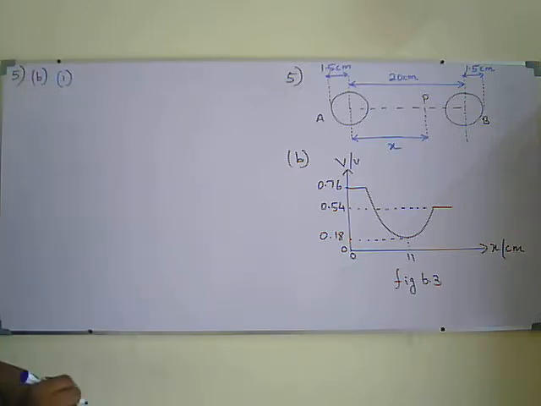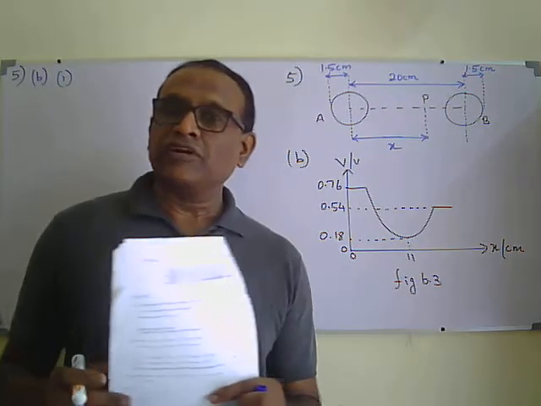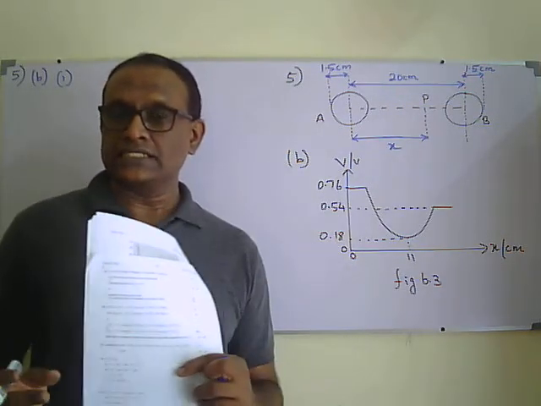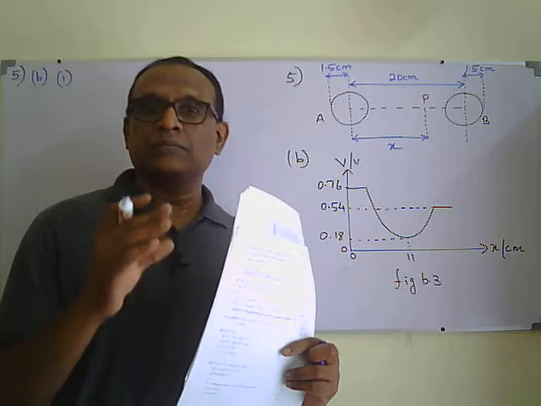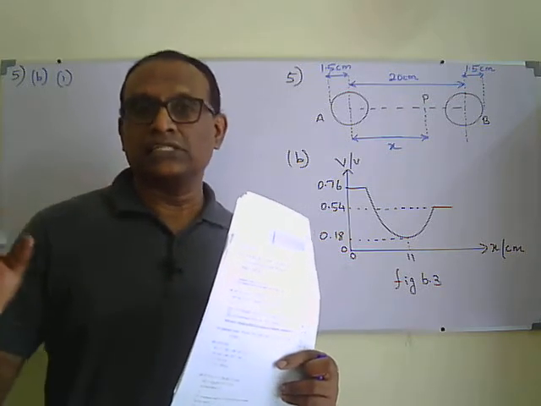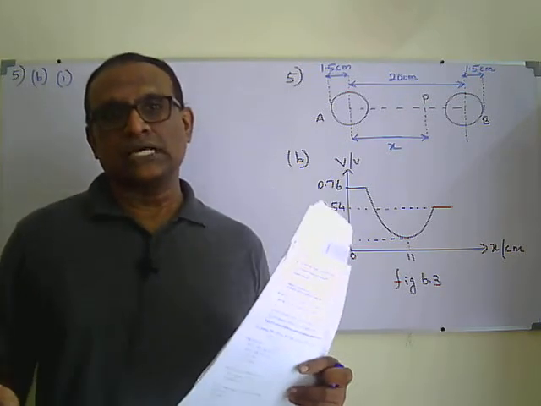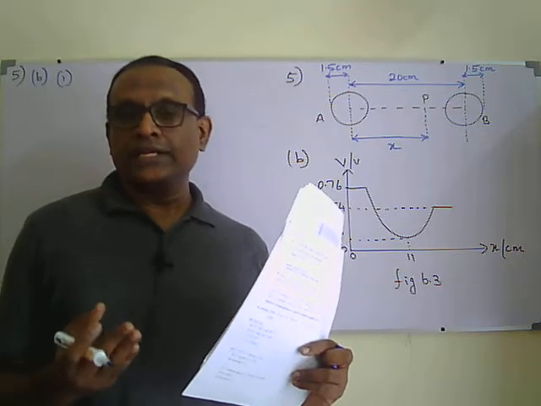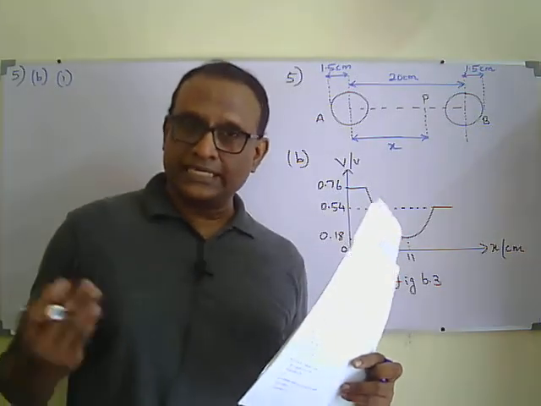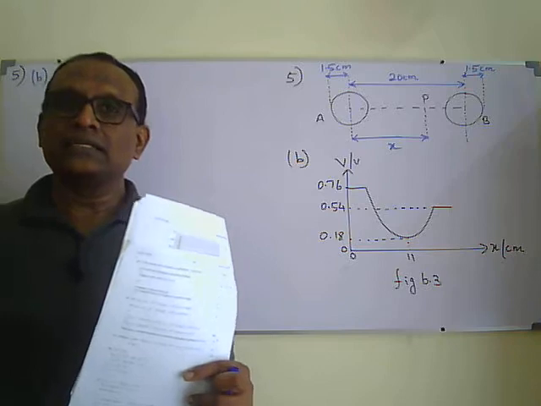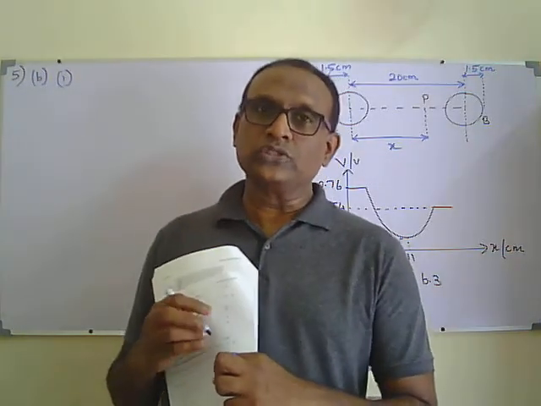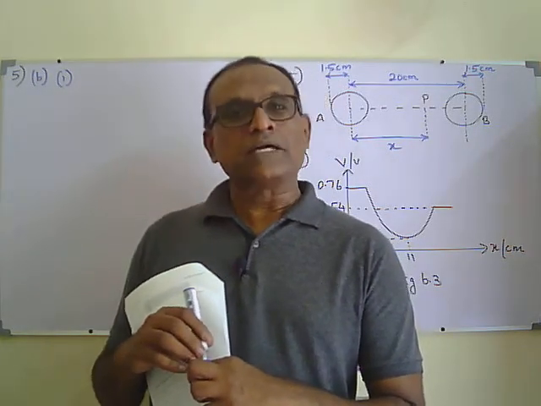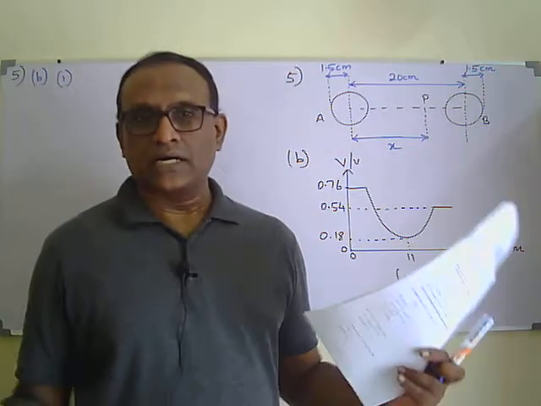First you should know what an alpha particle is. Alpha particle is the helium nucleus. So its charge is plus 2 times the charge of an electron. It's a positive charge. So the charge of the alpha particle is 2 into 1.6 times 10 to the power minus 19 coulomb. It consists of 2 protons and 2 neutrons. Mass of proton is almost equal to mass of neutron.